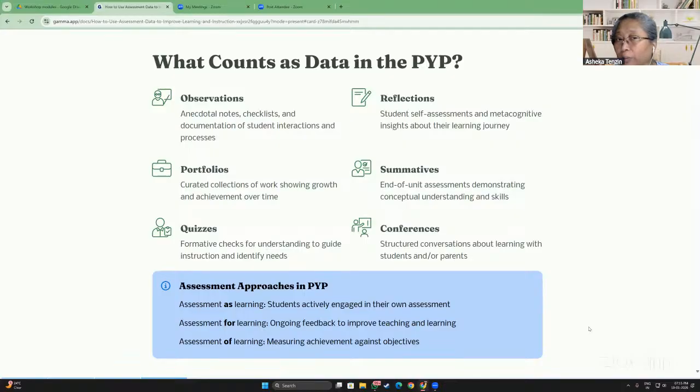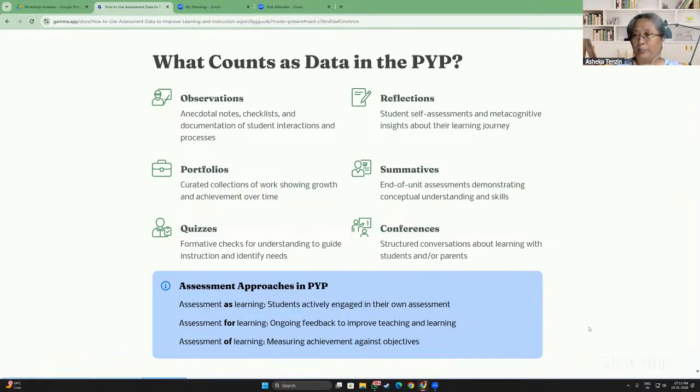You can collect observations. PYP is mostly, especially with the early years, where they cannot write, and maybe they cannot even speak fluently. So what teachers can do is make anecdotal notes about the students' learning. They can have a checklist: is the student able to recite A to Z?